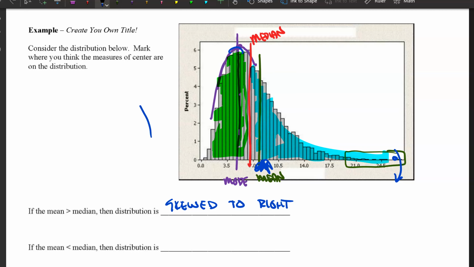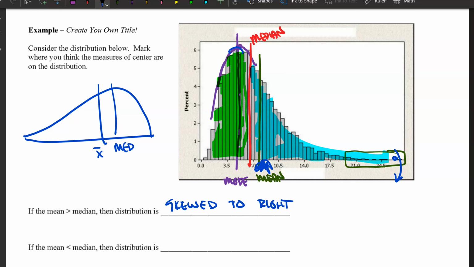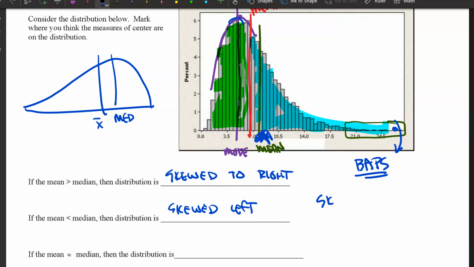Similarly, if you have a distribution that is skewed to the left, your mean is going to be there and your median is going to be there. So if the mean is less than the median, then the distribution is skewed left. In fact, another topic beyond AP Stats, we do actually have measures of skewness that are often calculated by taking some constant and looking at the difference between your mean and your median.